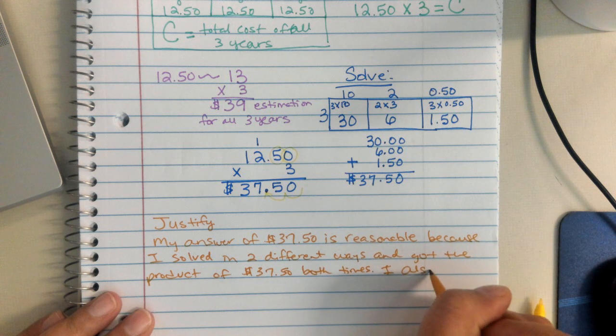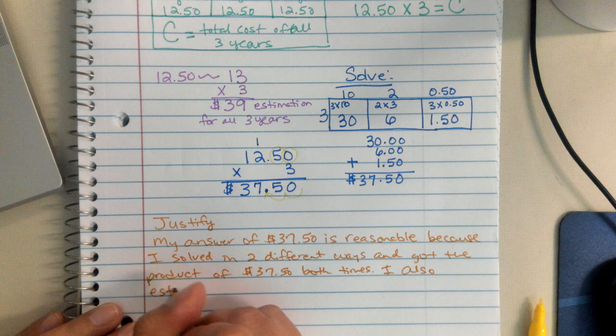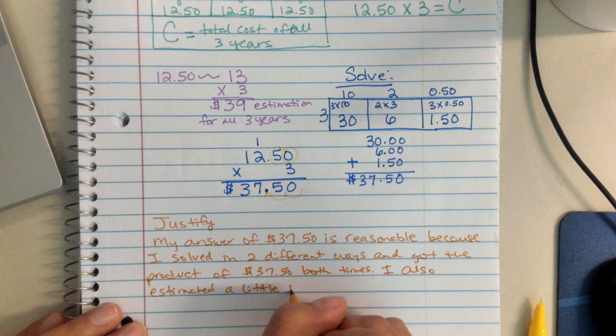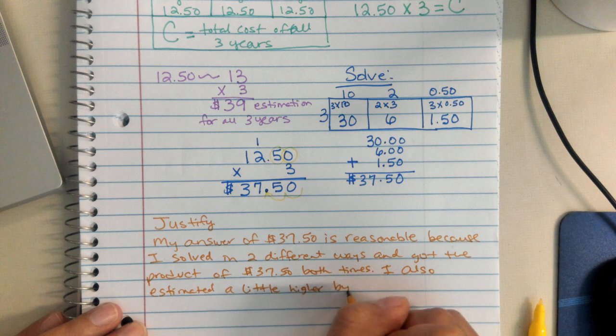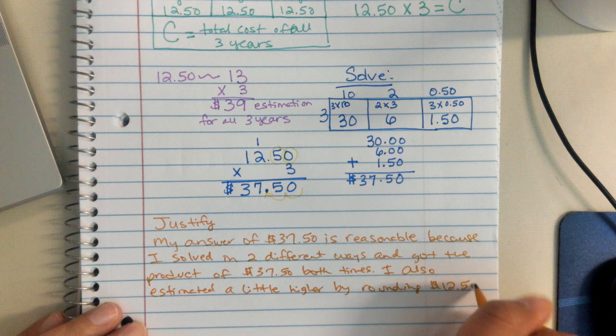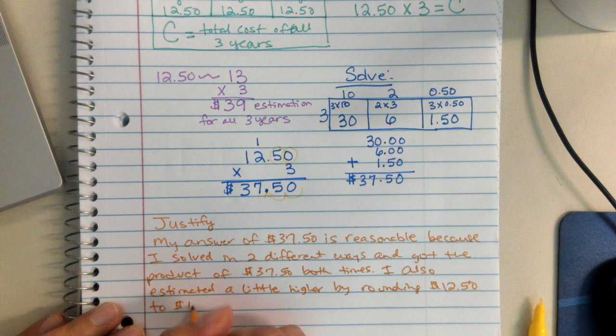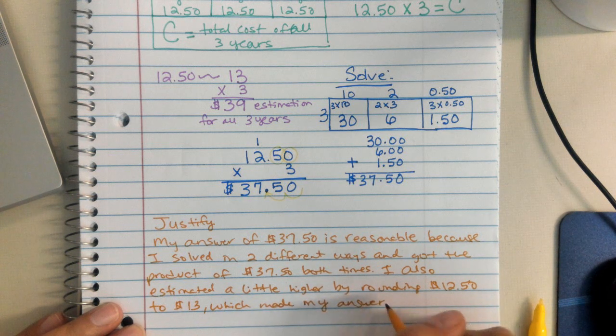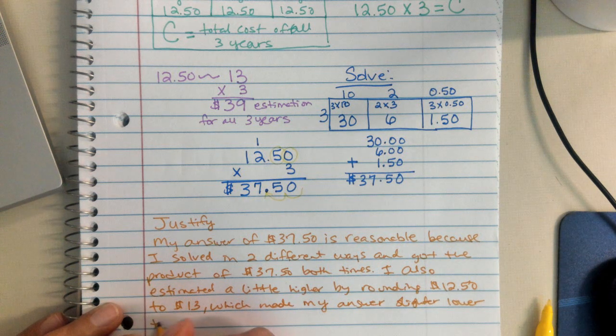I also estimated a little higher by rounding $12.50 to $13, which made my answer slightly lower than $39.